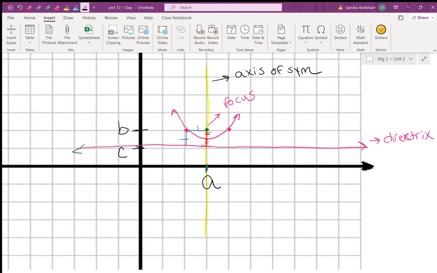If I have to go through this green focus point and be perpendicular to my axis of symmetry, what kind of line will be perpendicular to a vertical line? A horizontal line, right? So I need to draw a horizontal line through my focus that is perpendicular to the axis of symmetry, and that is our latus rectum.